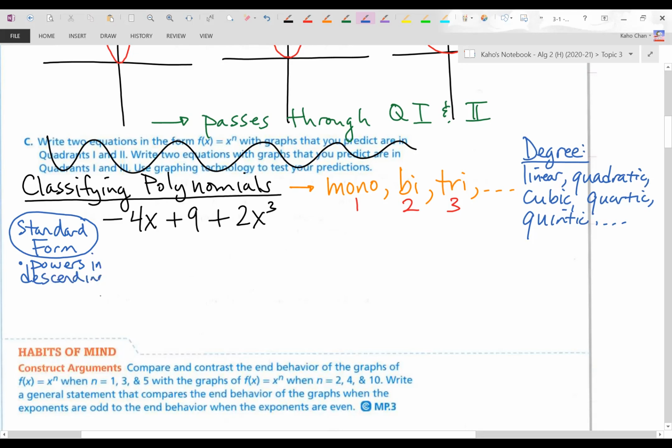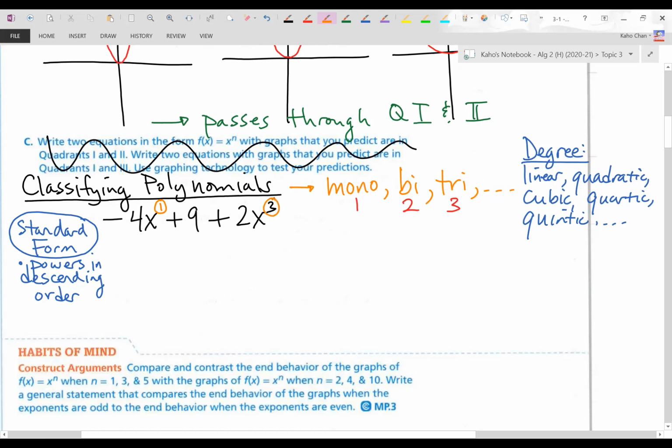So if I look at these three terms, this is technically a trinomial. Look at all three of them. We have negative 4x, and technically that is to the first power. There's an invisible 1 there. 9 doesn't have a variable next to it. And of course, plus 2x to the third.